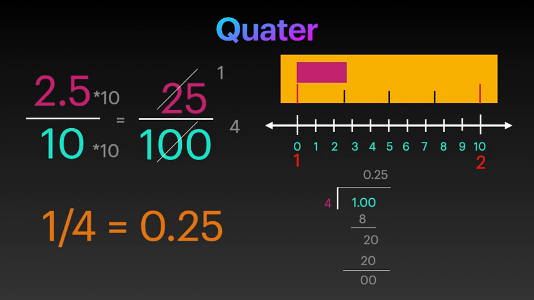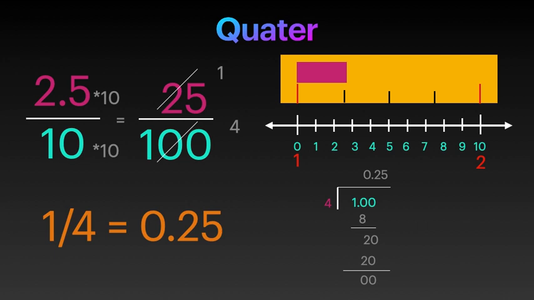Here long division tells us its answer is 0.25. If we look into the workout of the fraction, we do a little trick here. We multiply 2.5 and 10 by 10, so we get 25 on top and 100 below.